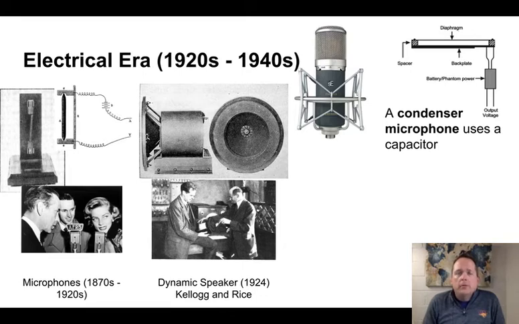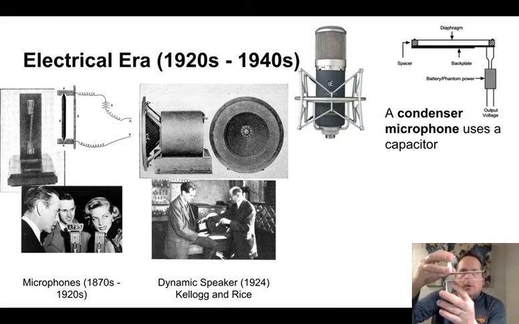So one kind of microphone still in use today is called a condenser microphone. And a condenser microphone has a diaphragm that moves as the sound wave hits the diaphragm. It makes it oscillate. And if you make that diaphragm out of a conducting material, and you make this rigid backplate out of a conducting material, in truth, you've made a capacitor. So we've talked before a couple of times about a parallel plate capacitor.